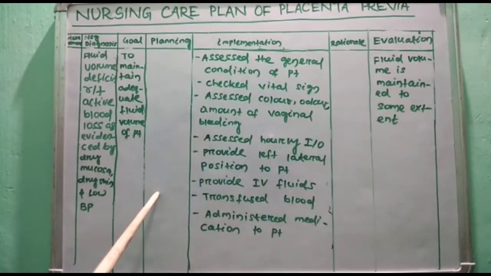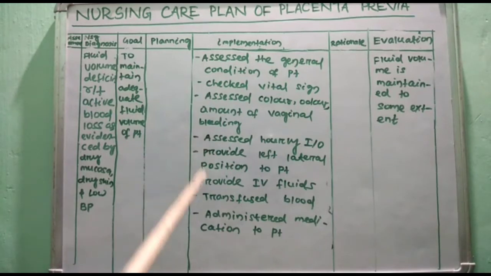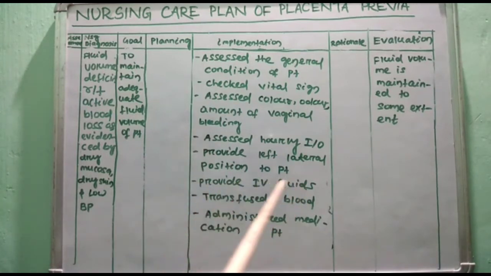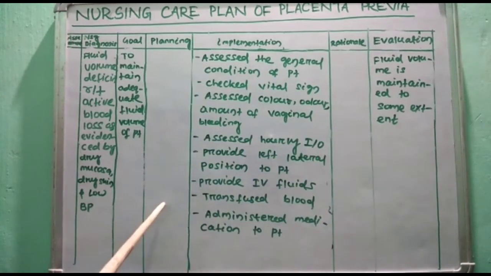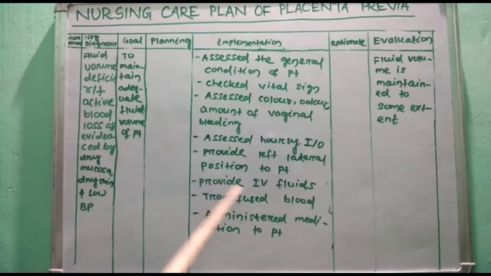Then next planning is IV fluids to be provided to the patient. Here, provide IV fluids to the patient. Rationale is to maintain the hydration level of the patient. Next planning is blood transfusion to be done. Here implementation is transfuse blood as advised by the physician, rationale is to maintain the hemoglobin level of the patient.